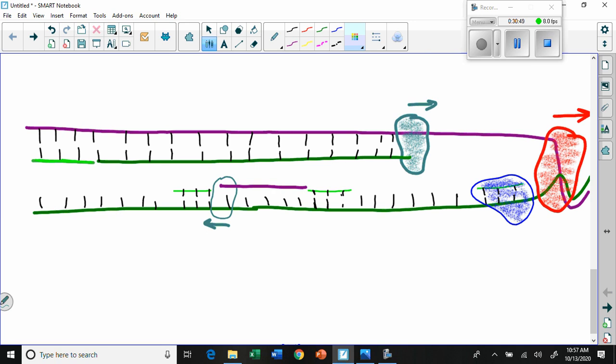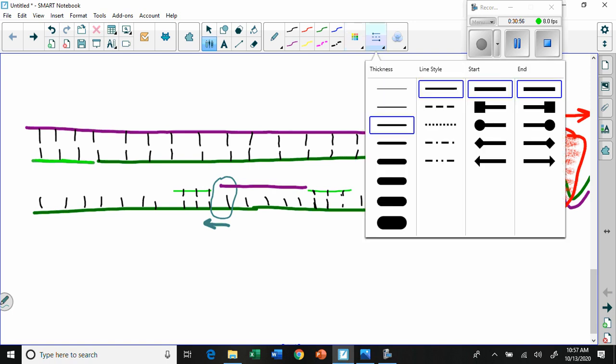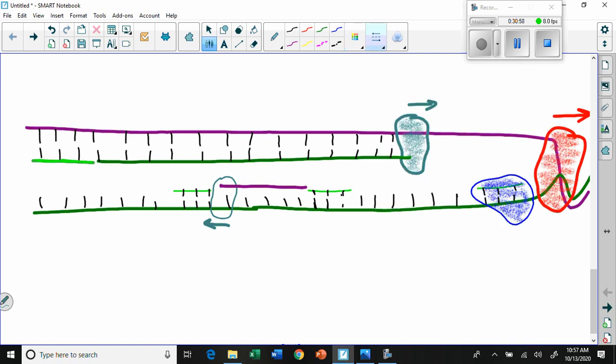Then we have another polymerase, which is hooked up here. Okay, I'm going to make this a thicker line just for our theme here. The other one has moved down to here, off of our picture. He's kind of gone. So let's put him right here on the end.